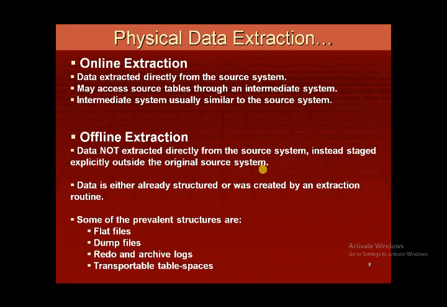Again, some of the structures in which the OLTP system can extract the data can be flat files like TXT files, dump files like CSV files, and different archive files, or they can bring the data inside an external table. So what is an external table?